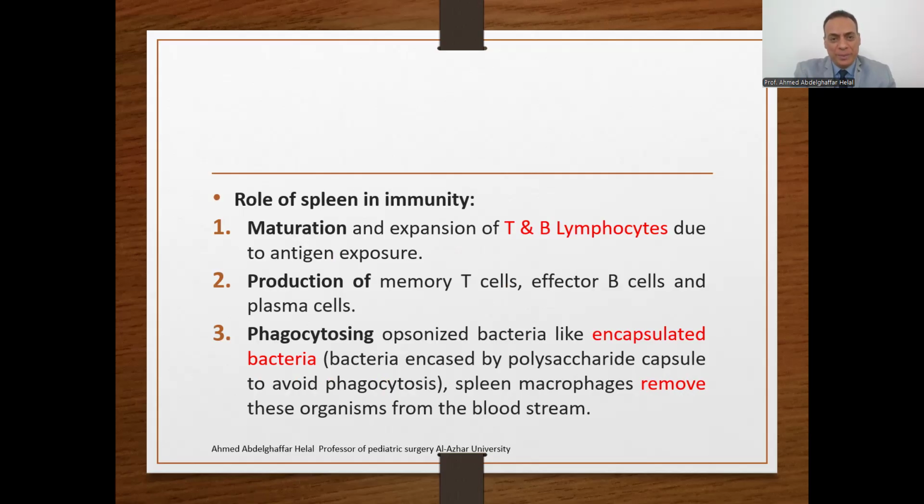The role of the spleen in immunity may be summarized as, number one, maturation and expansion of the T and B lymphocytes, which are already present, however, they are immature. So they will be developed and learn about the different viruses, taking a print of different viruses with a memory cell.